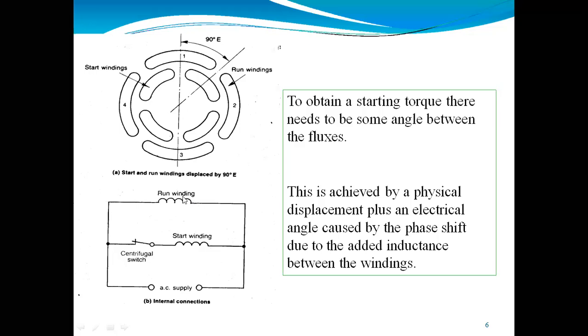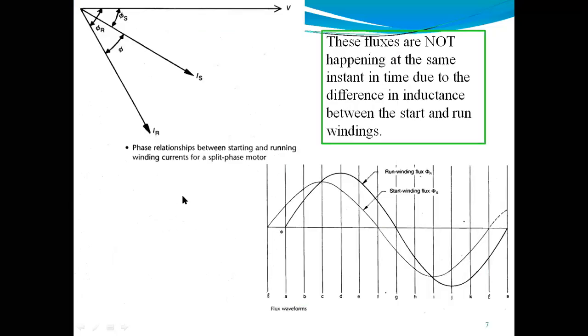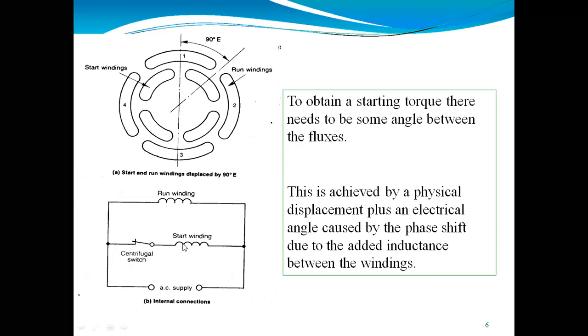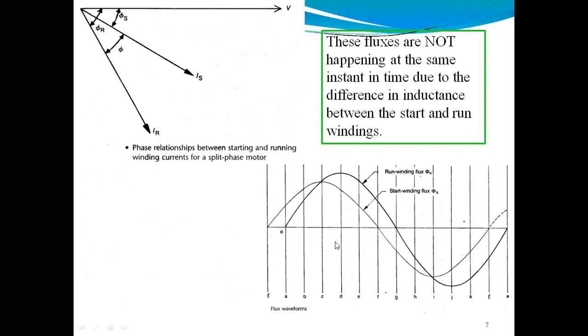So here I have shown that the winding will be in the running condition. These fluxes are not happening at the same instant in time due to the difference between the start and the run winding. If you see here, this is the start winding and this is the run winding. So there will be some difference between the start and the run winding.